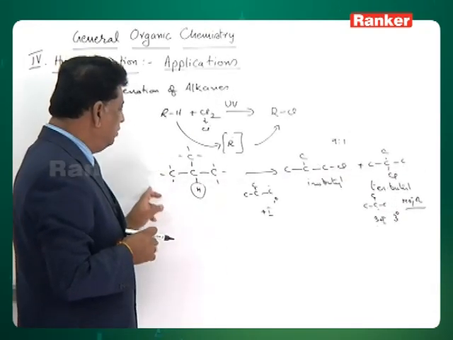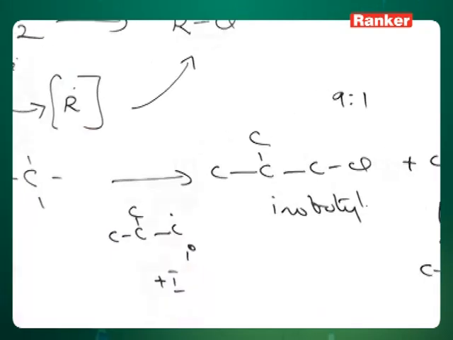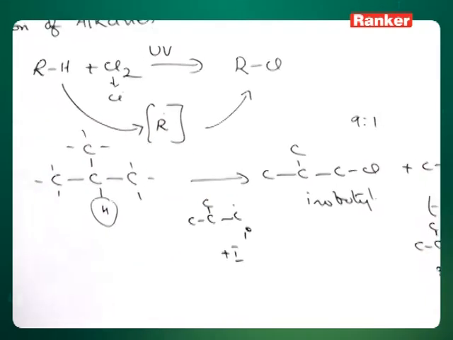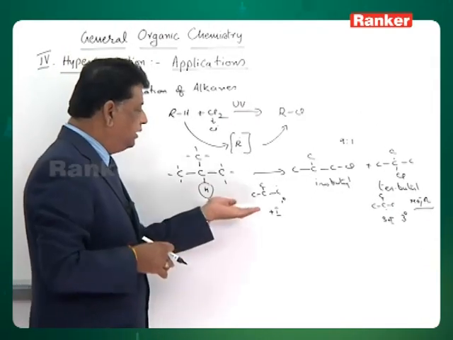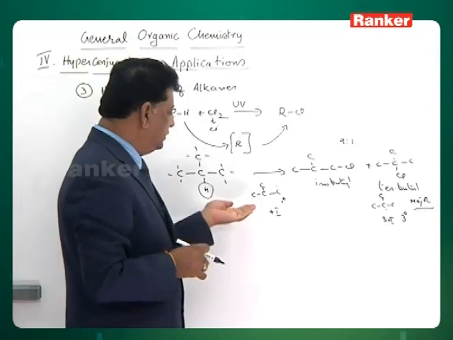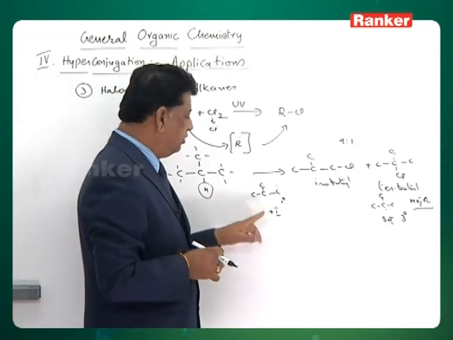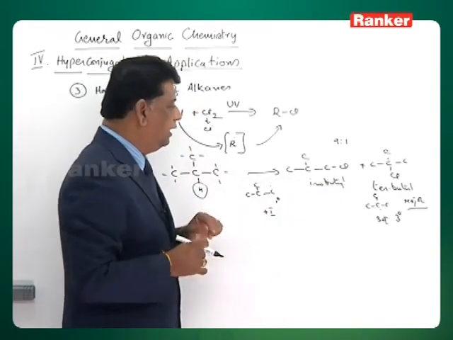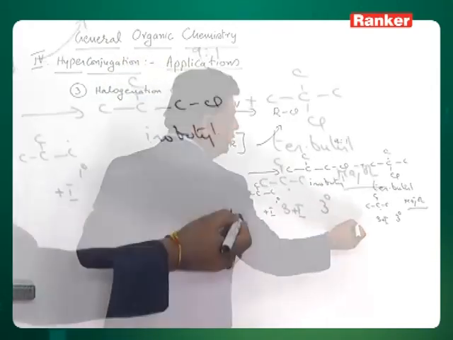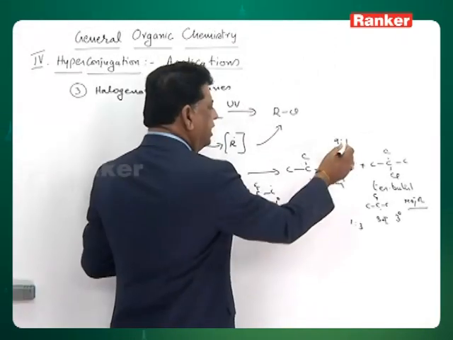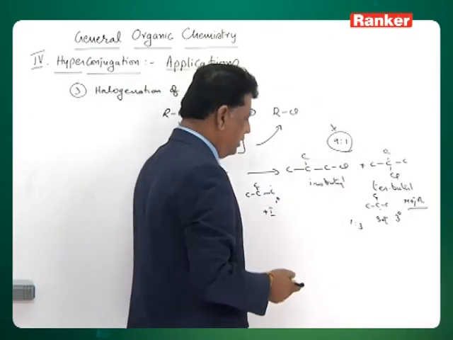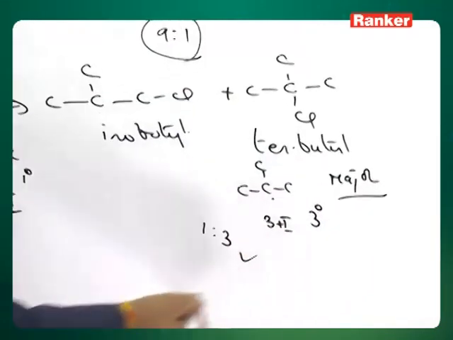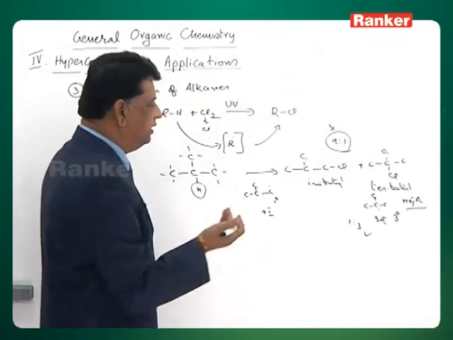But probability will not be the criterion here; stability will be the criterion. Based on stability, if you apply the inductive effect, this is 1 degree, that is 3 degree, you may go for 1:3. None of them is correct. That is totally wrong, because the major product is that one. To some extent it is right, 1:3, that means 25:75.